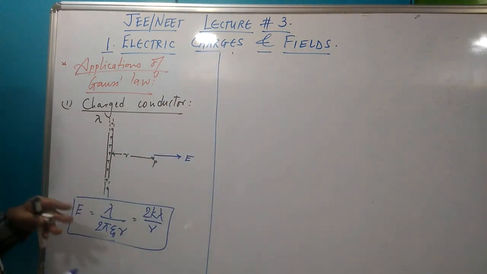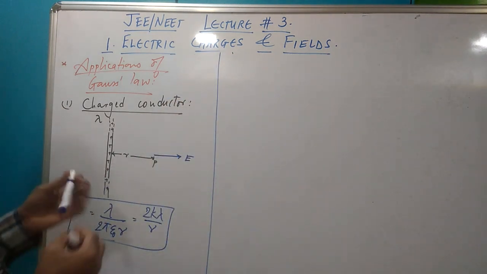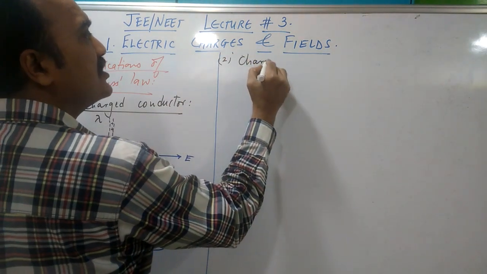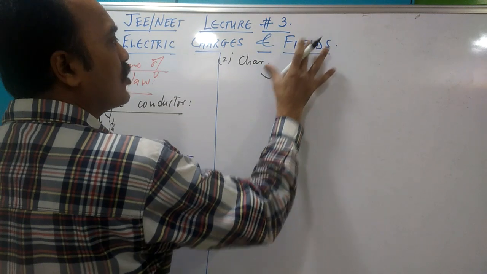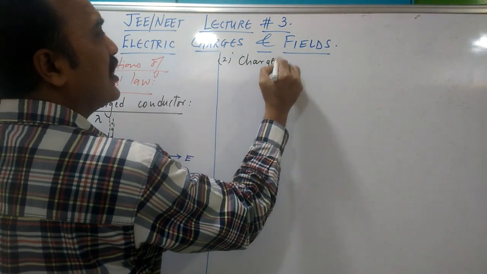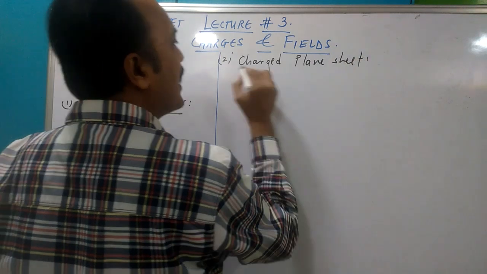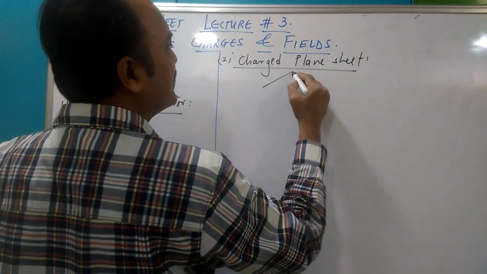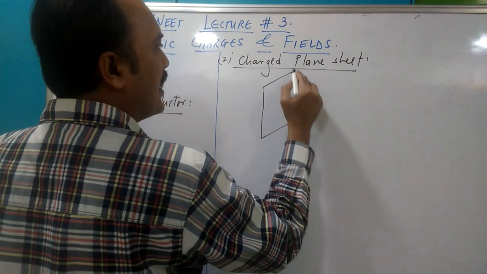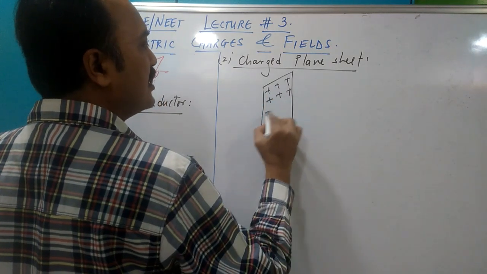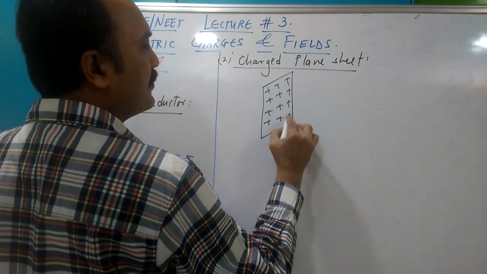Secondly, let's go to a two-dimensional thing. This is a charged plane sheet, a charged surface, you can call it a charged plane sheet. Let us say this is the plane sheet, and this sheet has got positive charge spread all over it.